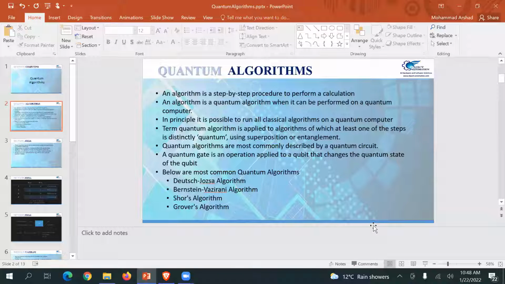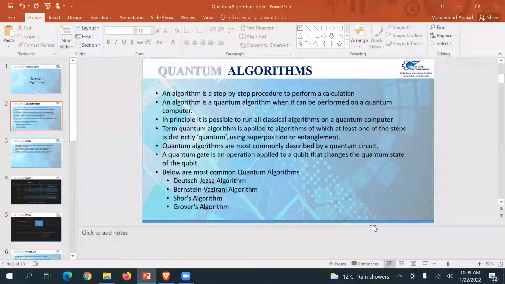So let's start from a basic thing. What do you mean by algorithm? An algorithm is just a step-by-step procedure to perform any calculation, any operation, or any business logic. So when you say an algorithm is a quantum algorithm, we mean that the algorithm is designed to be executed on a quantum computer.